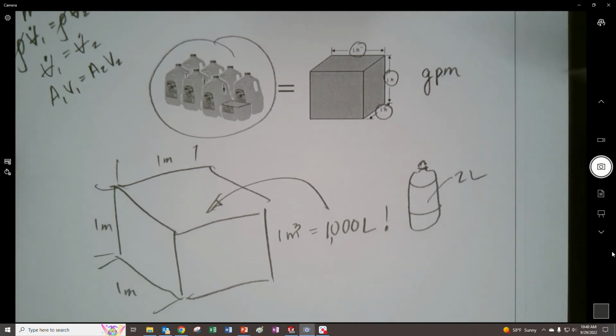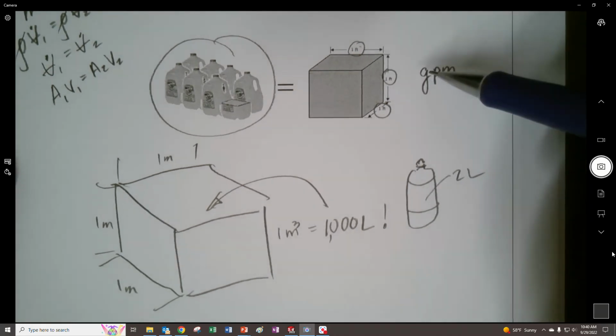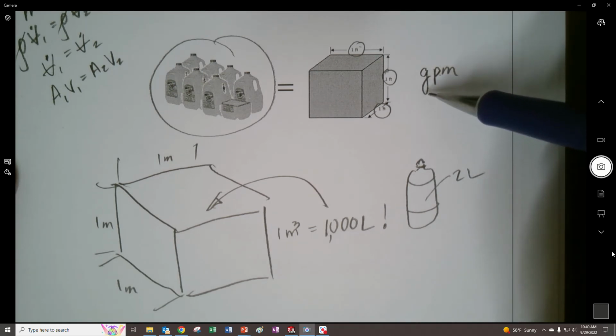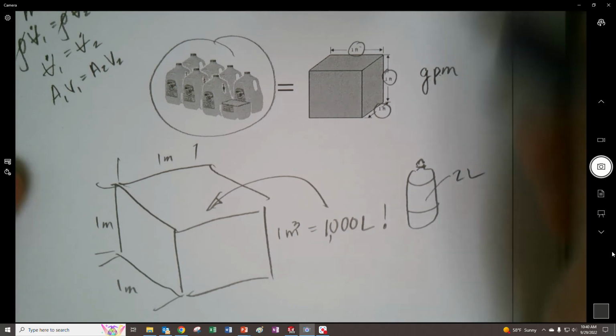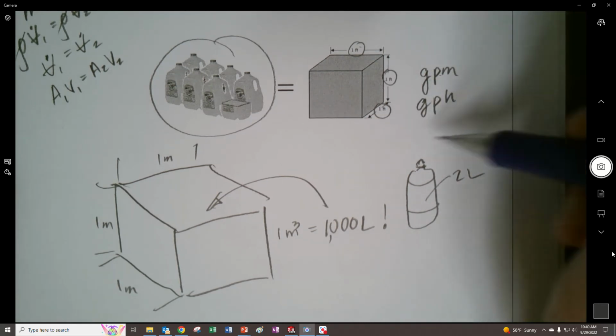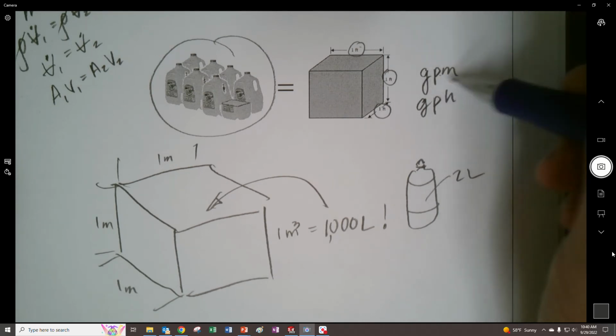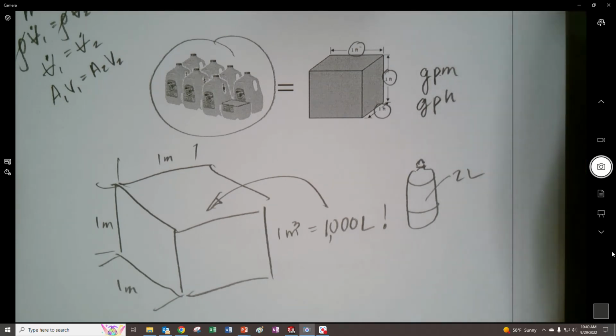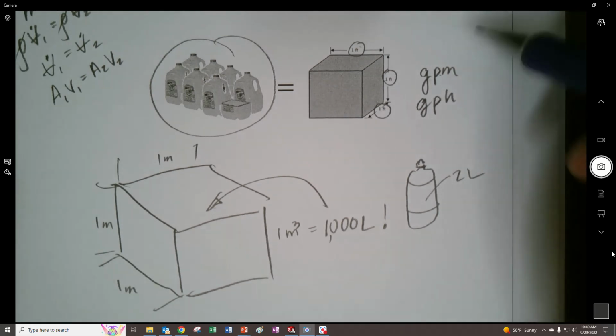Picture you want to know how fast your basement's filling up with flood water, or how fast the pump can pump it out. Gallons per minute or gallons per hour are a very common dimension to be used, and quite useful.